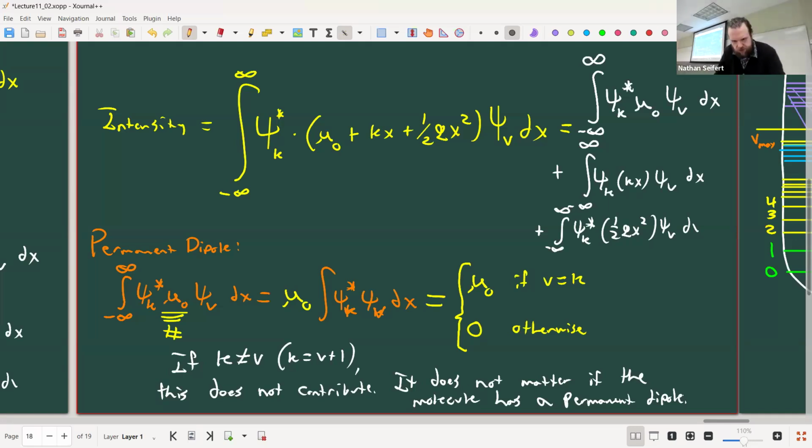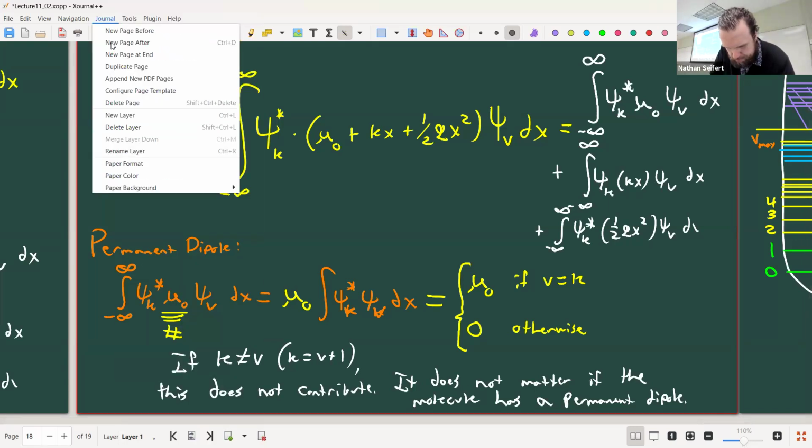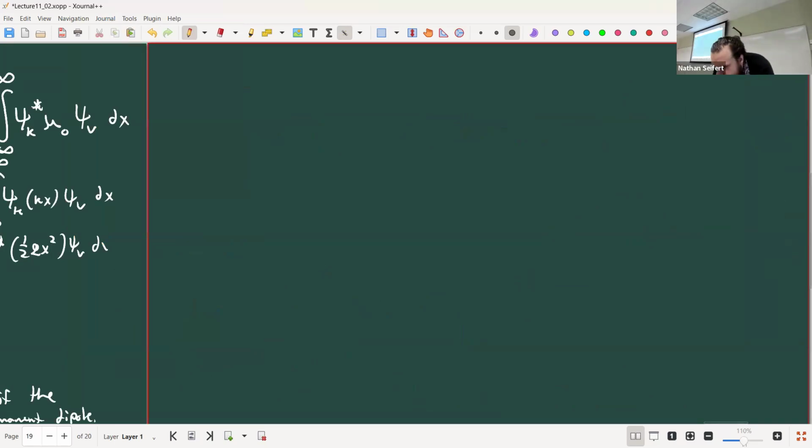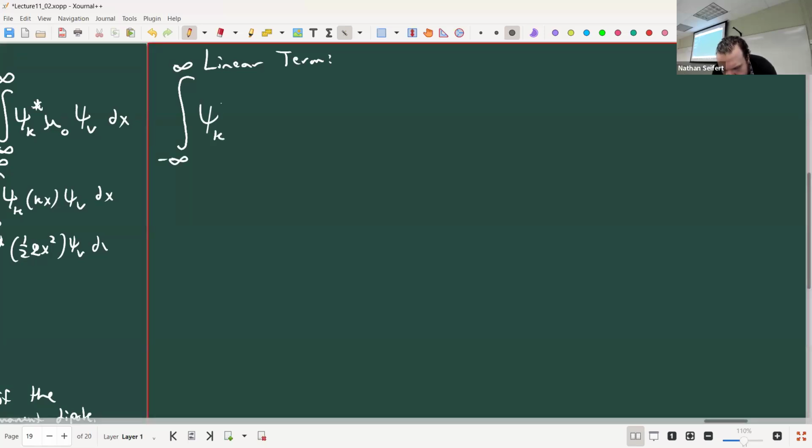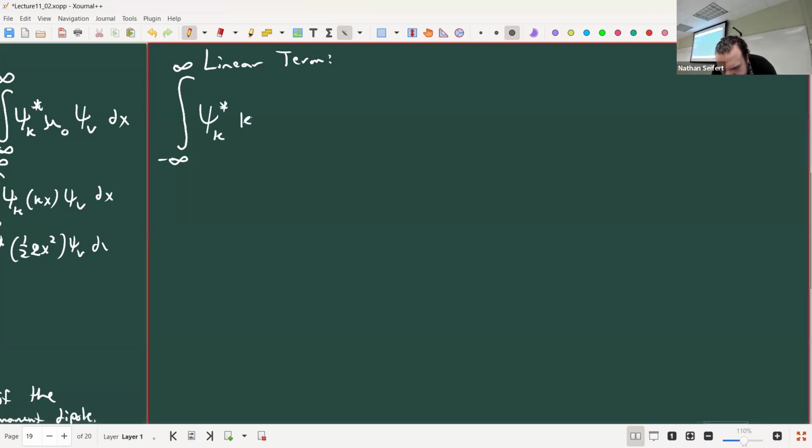Let's look at the next term. The next term is much more interesting. The linear term looks like the integral from minus infinity to infinity of psi k star, k x, psi v. k is just a number.